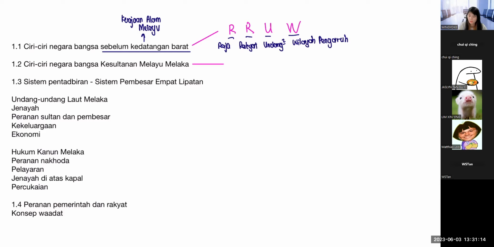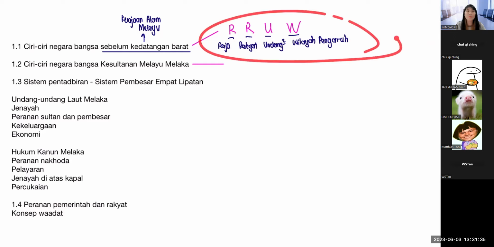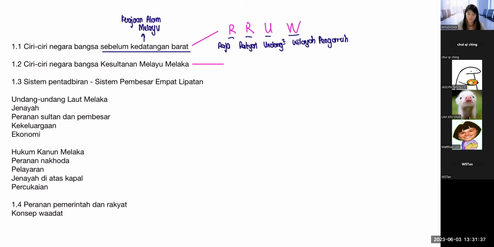Remember, ciri-ciri before the Western came, our Kerajaan Alam Melayu is RUW. Just find a way to remember lah. Now my main point is you must remember these 4 fakta. Fakta 1 is Raja, Fakta 2 is Rakyat, Fakta 3 is Undang-Undang, Fakta 4 is Wilayah Pengaruh.